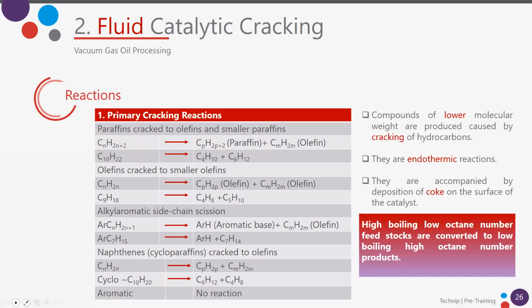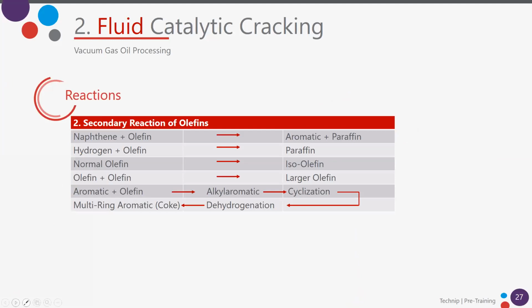Also, of course, we will have the secondary reactions. They are not so desired reactions, but they will take place. When a naphthene reacts with an olefin, it will produce an aromatic plus paraffins. Hydrogen and an olefin will produce a paraffin.